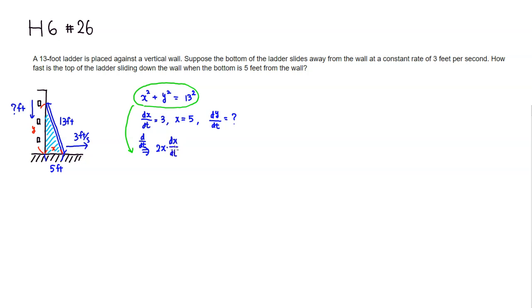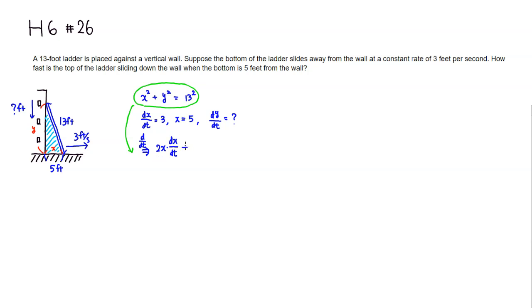Remember that when you are taking a derivative with respect to a different variable, this is written in x but we're taking a derivative with respect to t, so we have to use the chain rule. Multiply by the derivative of the variable that's written in, with respect to t.